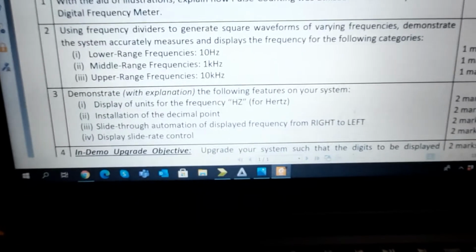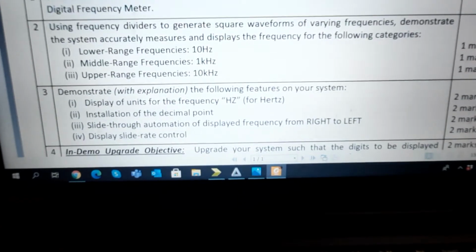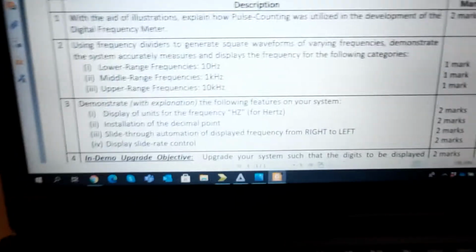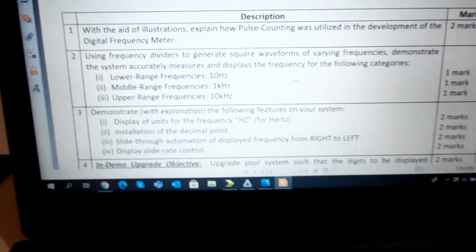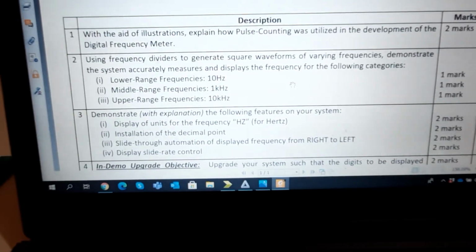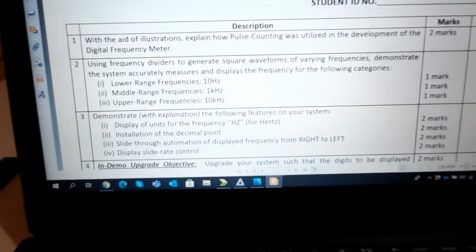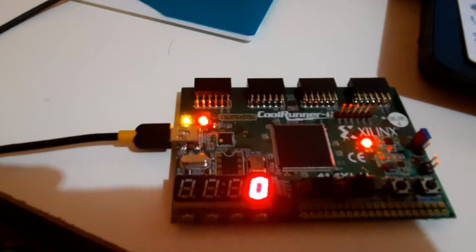I will now be moving on to my demonstration on the Corona of the following upgrades. The first upgrade required us to display the unit of the frequency, Hertz, seen on the screen.